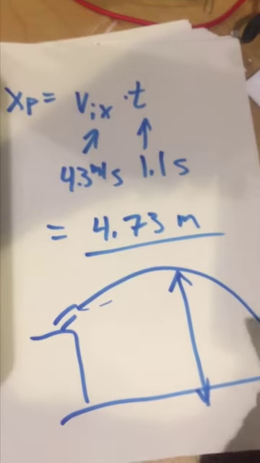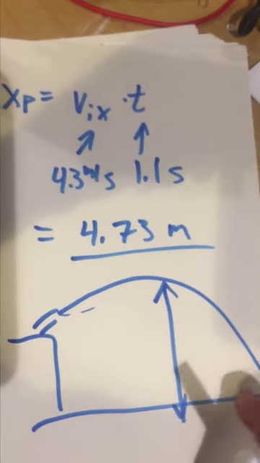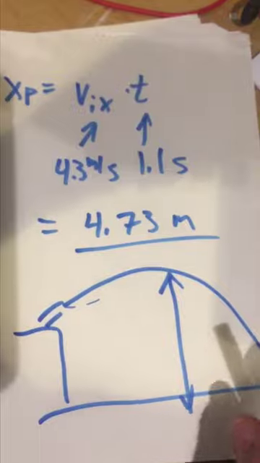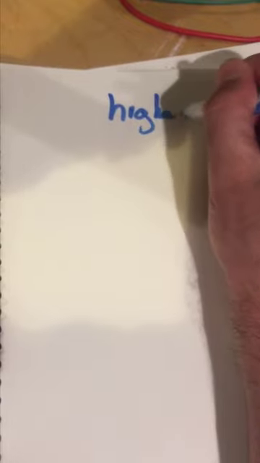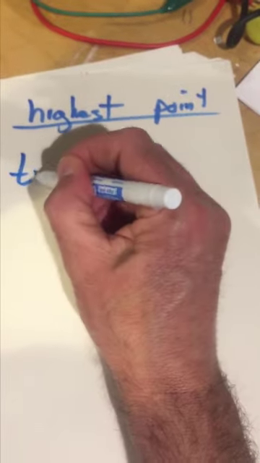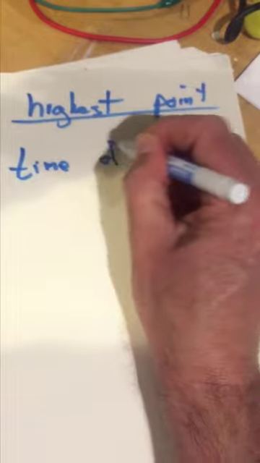So how would I go about that? I'm going to find the highest point. How do I find the highest point? Well, I'm going to find the time of the highest point.